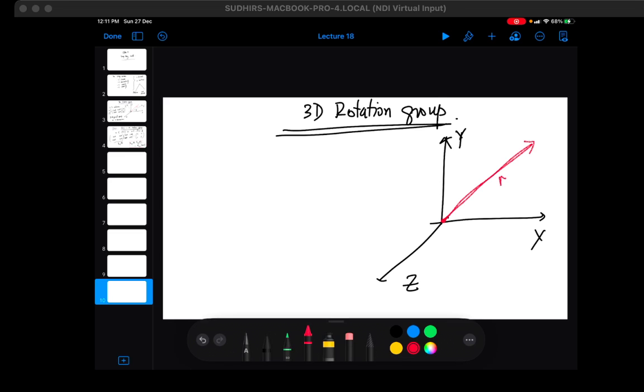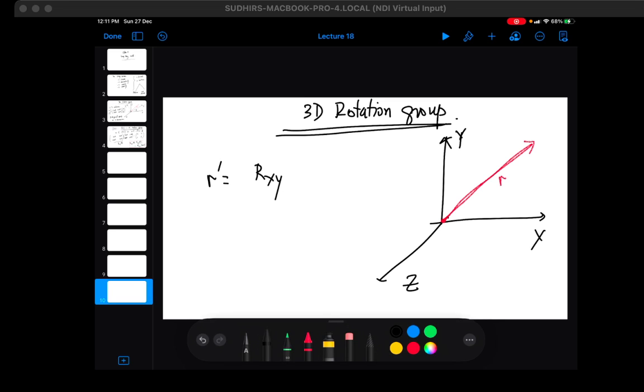So a general rotation, say for example, you can have Rxy.